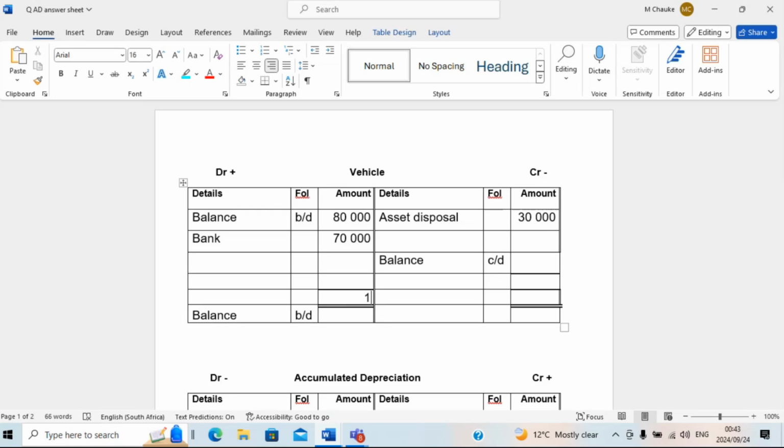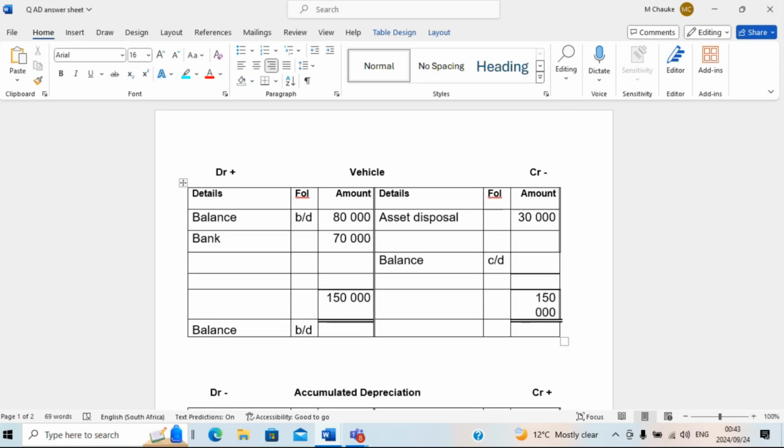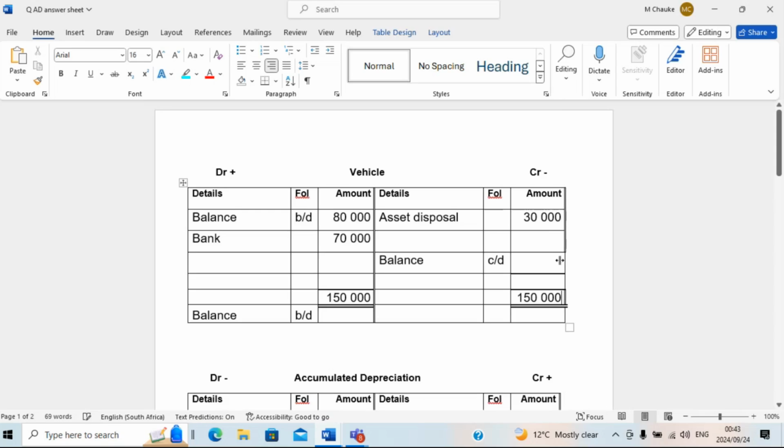That is our total there, 150,000. Even on the other side, it's going to be 150,000, right? 150,000, 150,000, right?